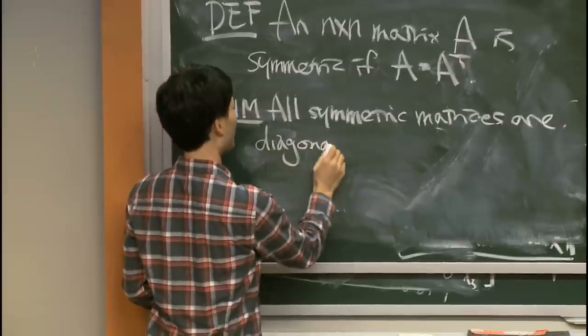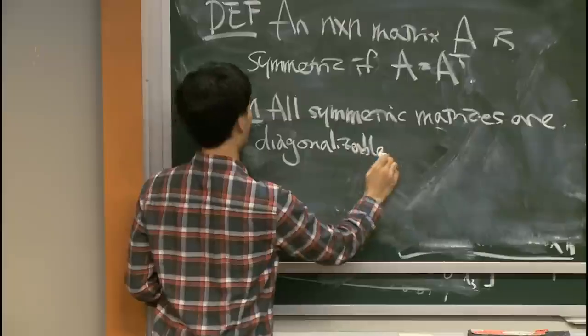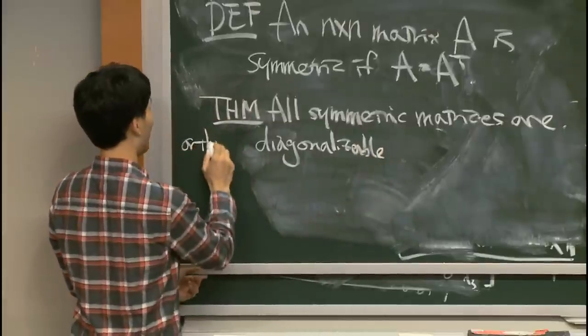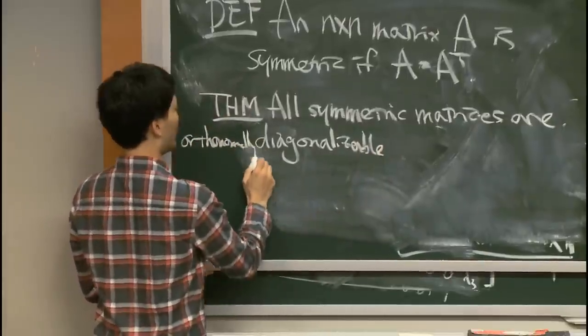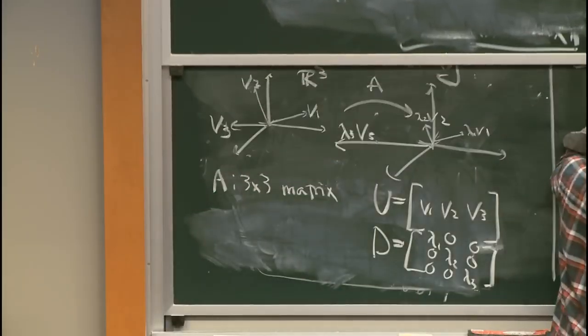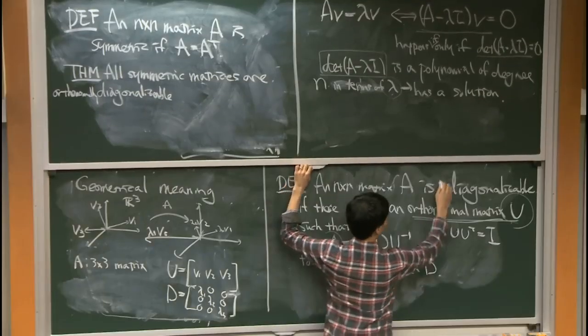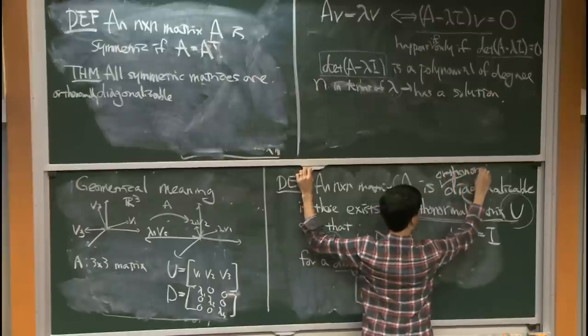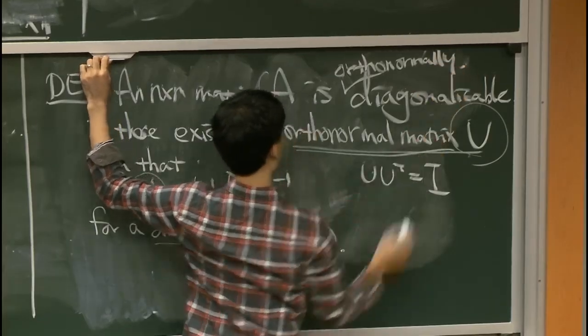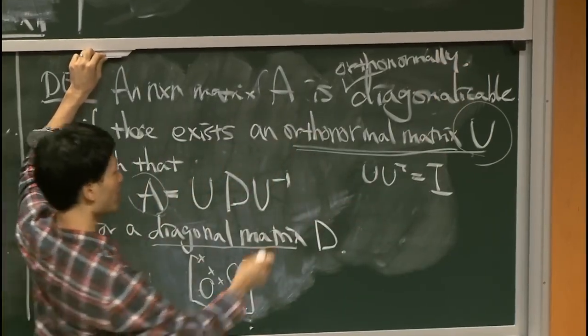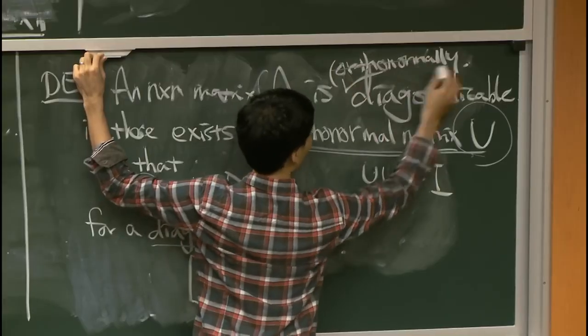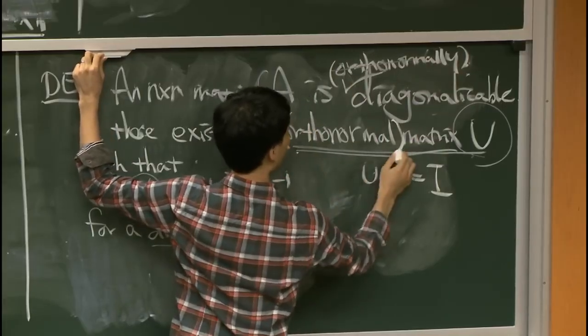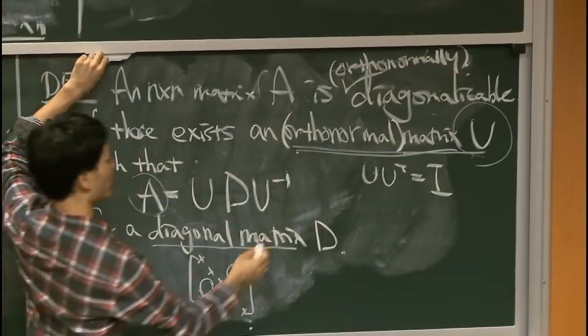I made another mistake: orthonormally diagonalizable. It's just diagonalizable if we drop the orthonormal condition and replace it with invertible.